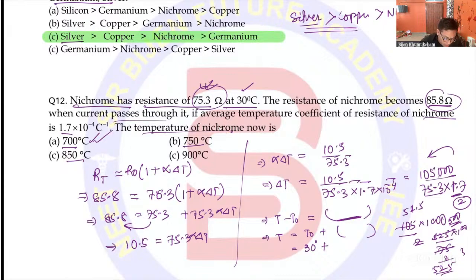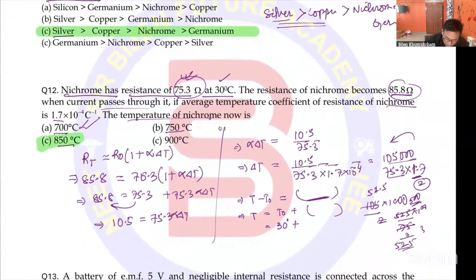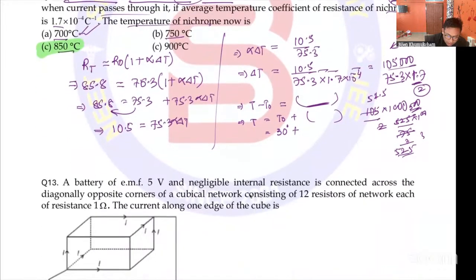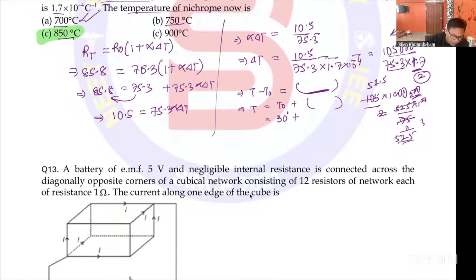It comes out to be 850. So the calculation becomes a bit difficult, maybe because of the steps I used. In the exam, do the proper calculation and you will get this answer. The rule is very simple.